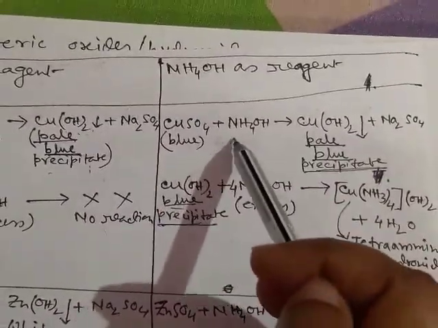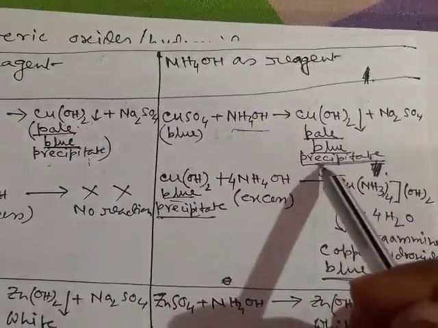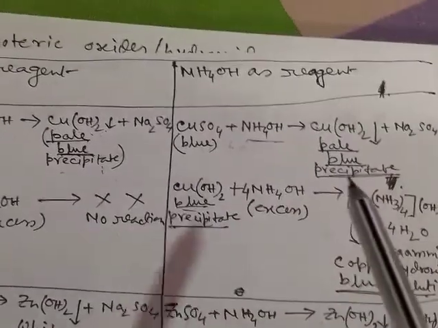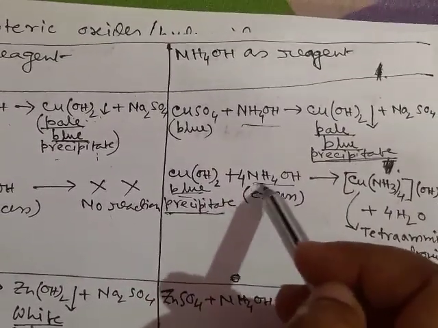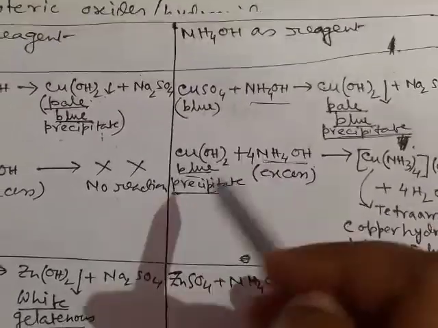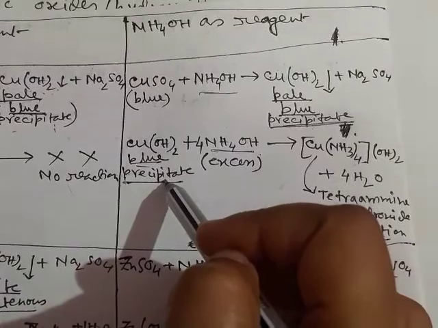Similarly, for ammonium hydroxide also, if you add it dropwise, there will be formation of a pale blue precipitate, and after precipitate formation, if you add excess ammonium hydroxide, you will observe that this precipitate becomes soluble.